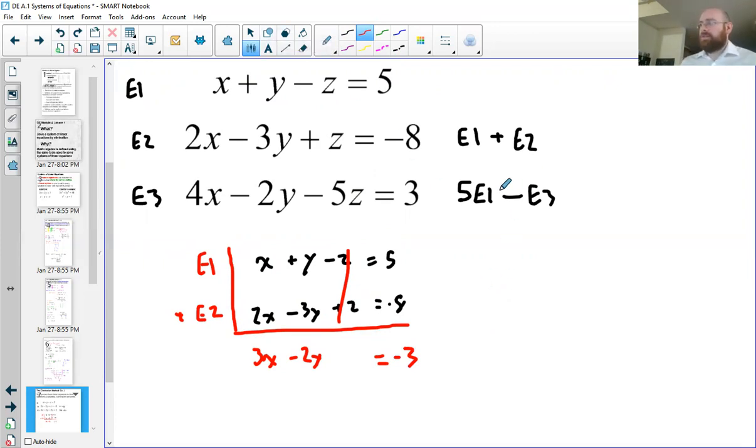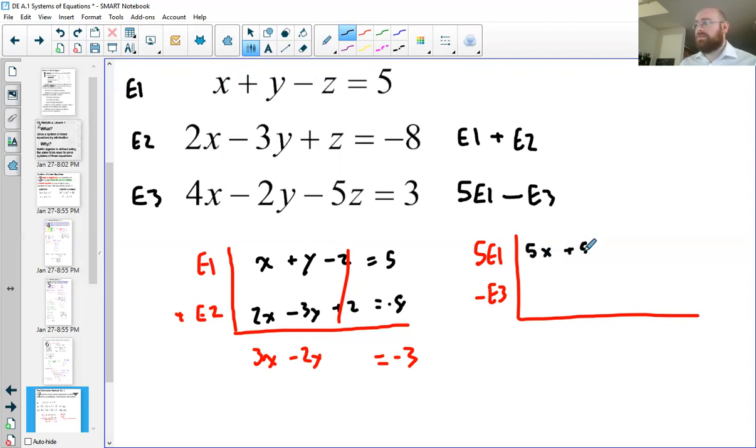We also have our second one. So it's 5E1 minus E3. So I need to multiply everything by 5. So we have 5x plus 5y minus 5z, and then 5 times 5 is 25. And then I have a couple options.